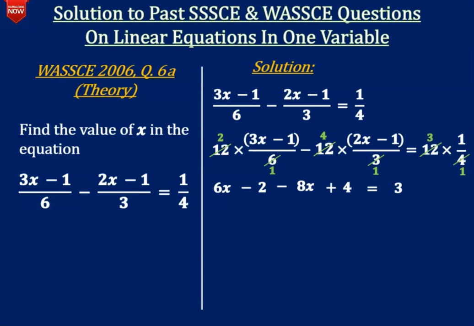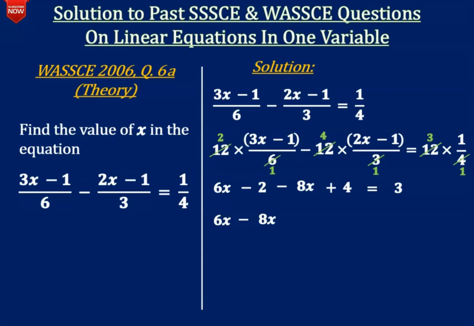Let's now group like terms by maintaining 6x and negative 8x on the left hand side and moving negative 2 and 4 to join 3 on the right hand side. So on the left hand side, we have 6x minus 8x.